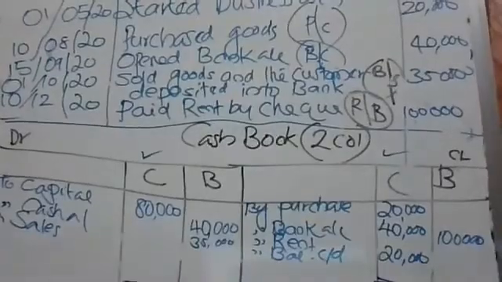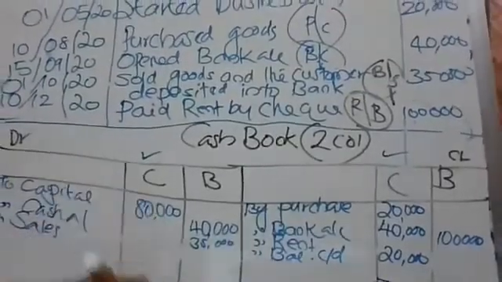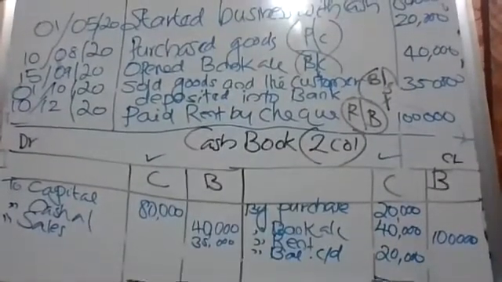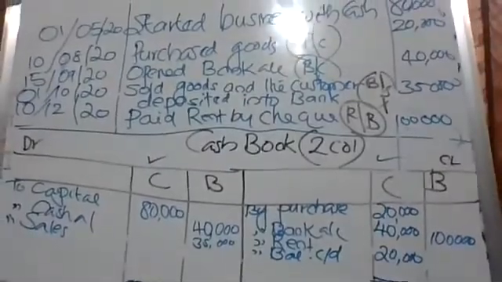Below total or above total? Below total. The balance brought down, 20,000. I have completed this balance, sir.